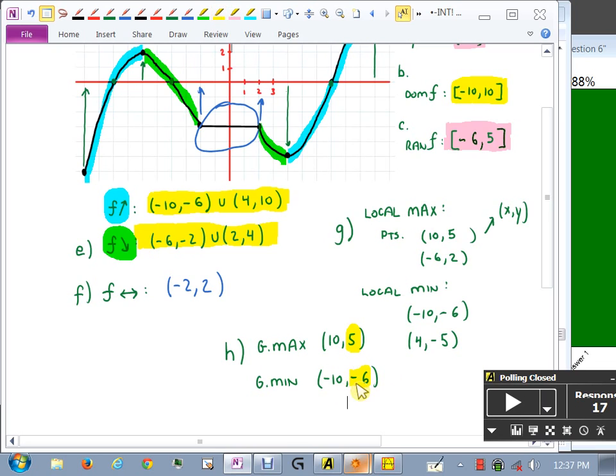And the global minimum would be negative 6. That would be fine. If you just put the y, it's fine. I like the convention of using the point because it also tells you where it happens. Not only what it is, but where it happens. It takes on a value of 5, it happens at the x value of 10.